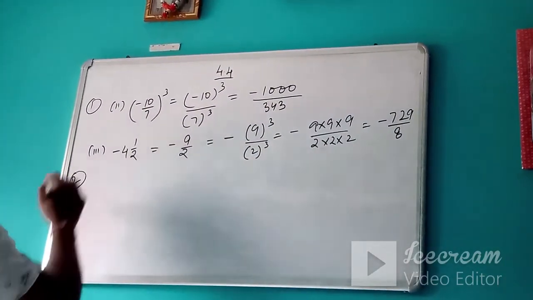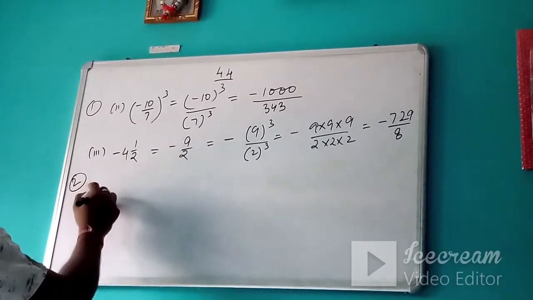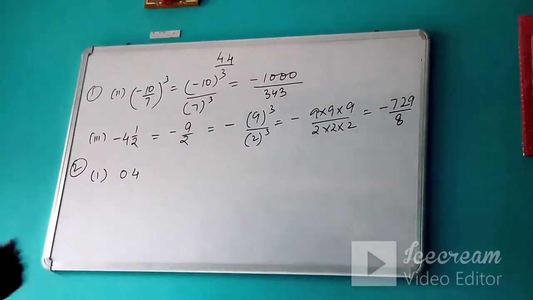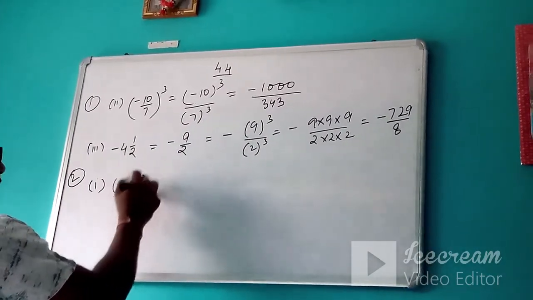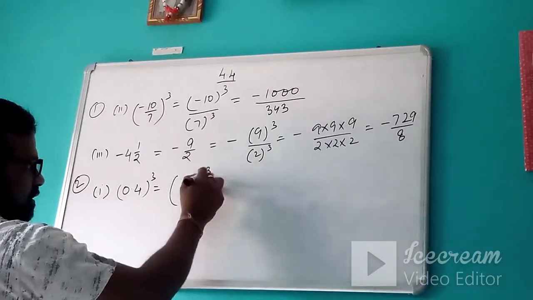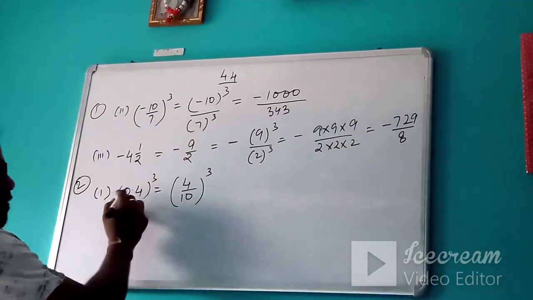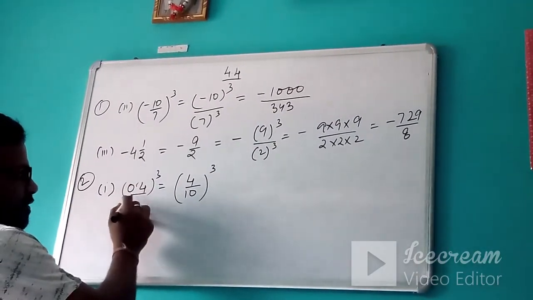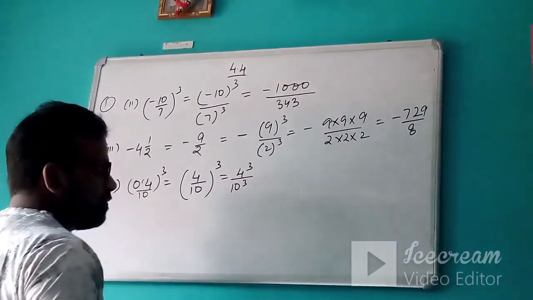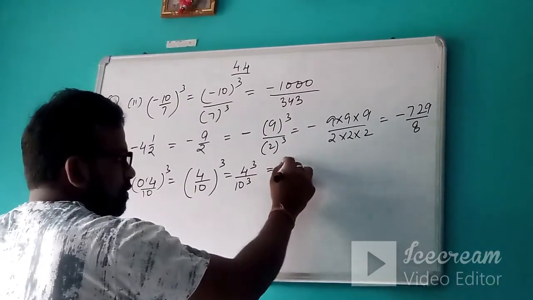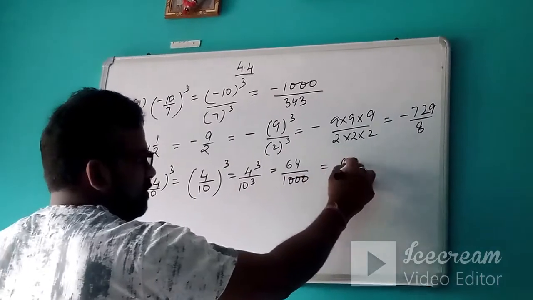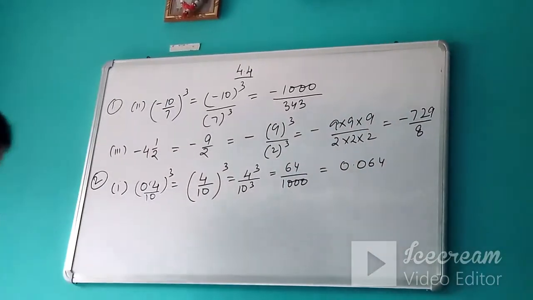Now suppose you have to calculate the cube of decimal numbers, like 0.4. What we will do? First write it as 4 upon 10, cubed. We remove the decimal, so it becomes 4 cube upon 10 cube. Then 4 cube is 64 upon 1000. Then we put the decimal and it becomes 0.064.